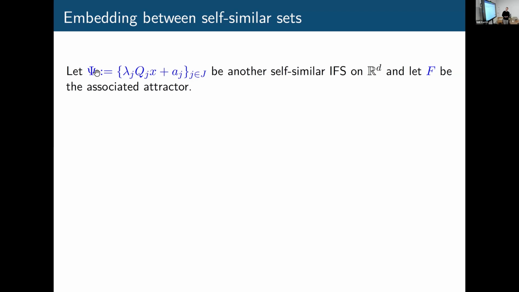We let psi be another self-similar iterated function system, and let capital F be the associated attractor. Here I use lambda_j to denote the contraction ratio of this new system, Q_j the orthogonal part, and a_j the translation part. And you can actually ignore this one because we will never use it.